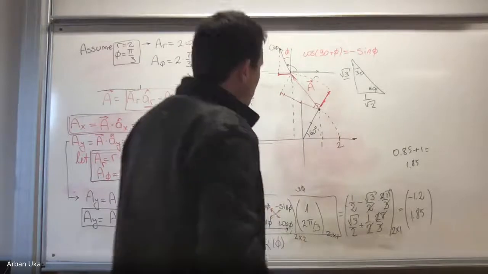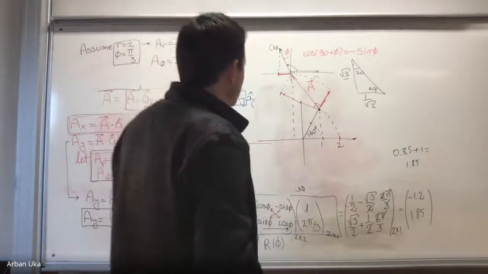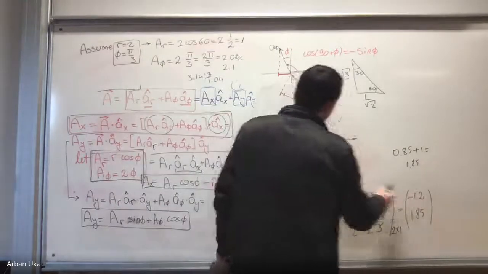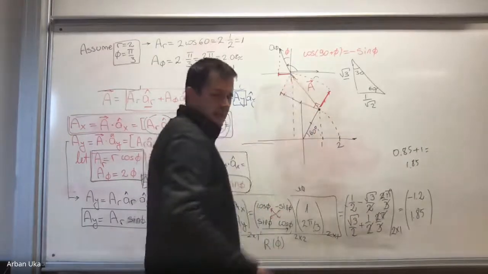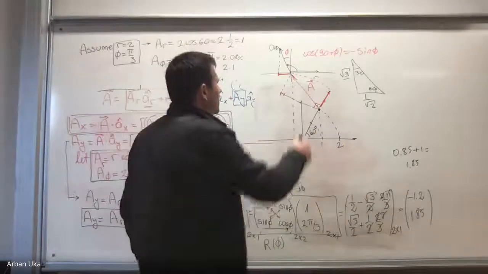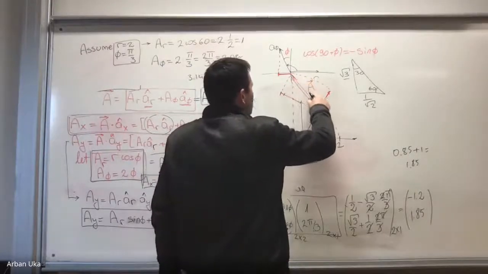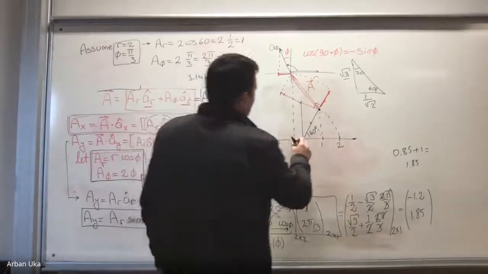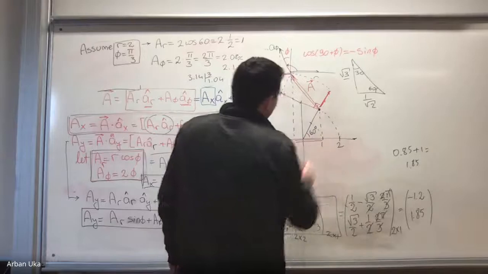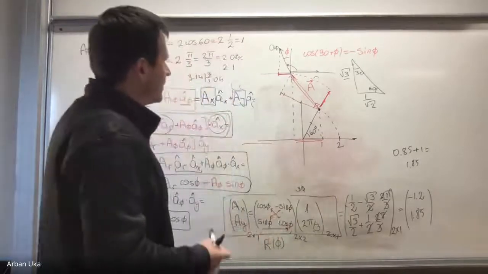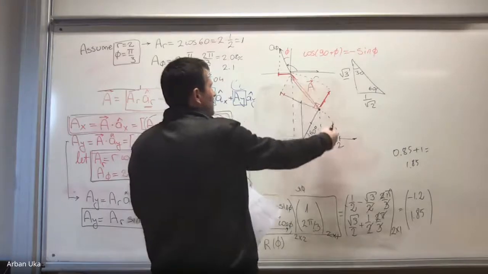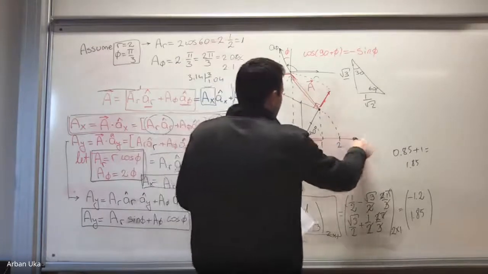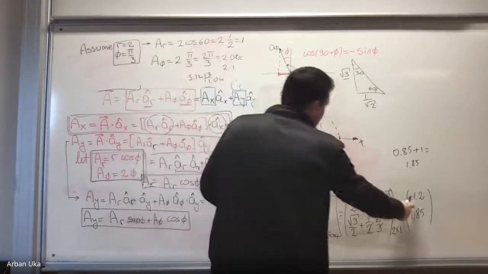It looks like along the x, we have something approximately minus 1.2. Because the projection of this vector A, which we can draw in a double red line, is projected along the x-axis like this. If we try to do it to scale, it is a negative value because it's pointing along the negative x-axis. So this is approximately minus 1.2.